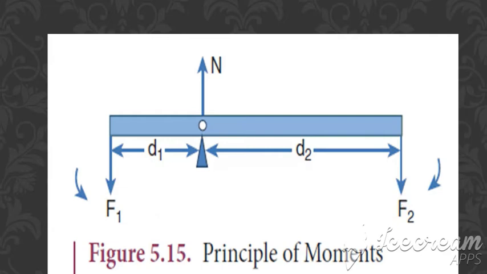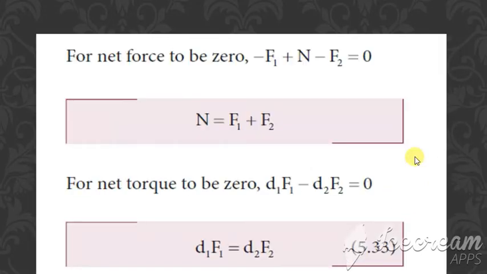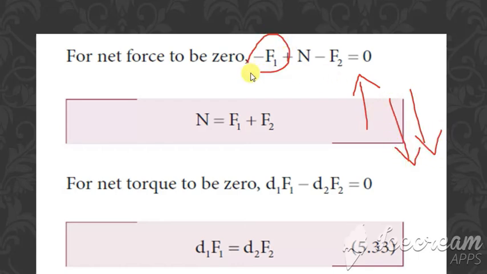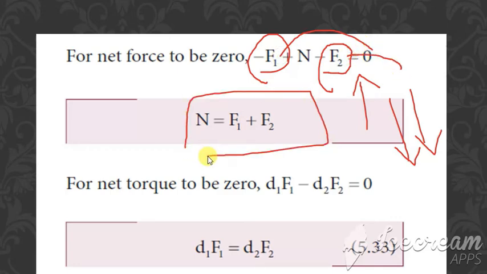So the equation is minus F1 plus N minus F2 equals 0. Since the object acts in the upward direction but these two are in the downward direction, we write minus for these two. Now bring these two terms to the opposite side, so we get N is equal to F1 plus F2.